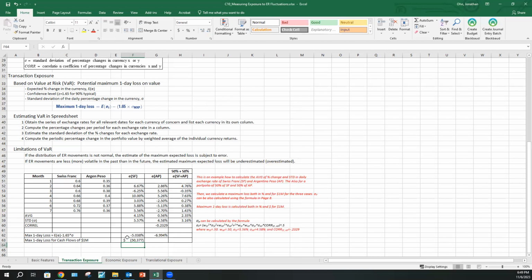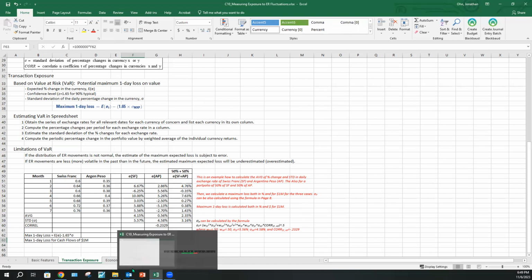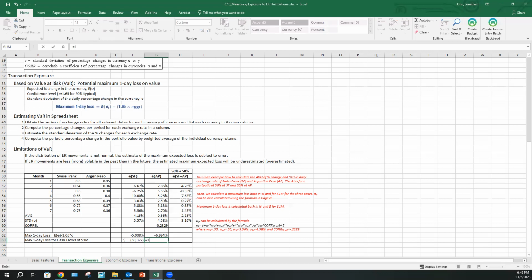That is, if you change this percentage into a dollar value, it is quite a bit for $1 million. If you do the same thing, $1 million times 6.994%, that is $69,935. That is the maximum one-day loss for a cash flow of $1 million. So it's quite significant.